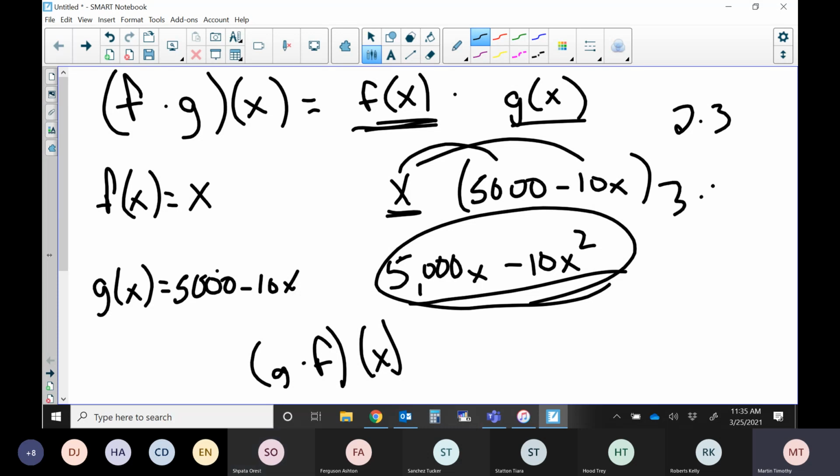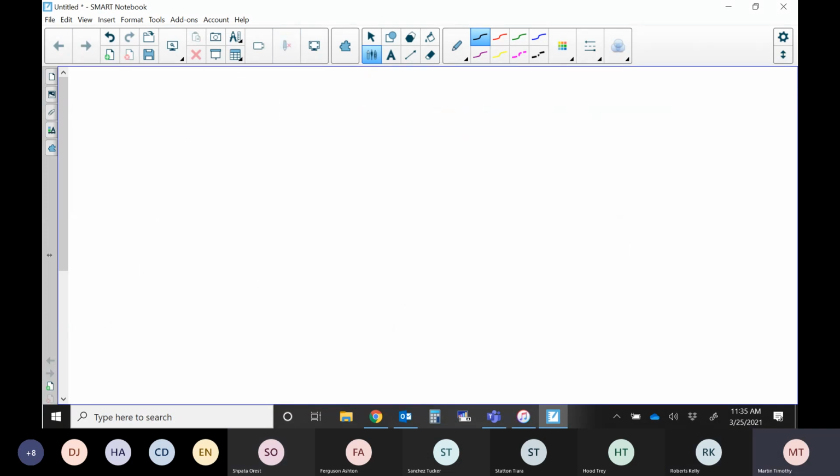And 3 times 2 is? 6. So f of x times g of x is the same thing as g of x times f of x. Does that make sense to everyone? Yeah. Today is formatting, not a lot of math.